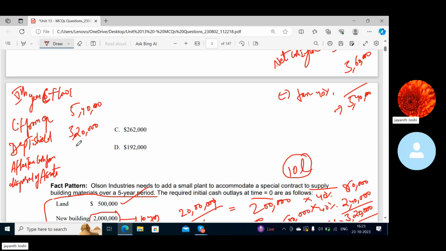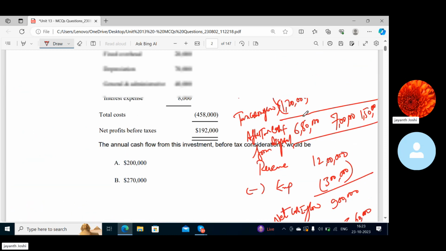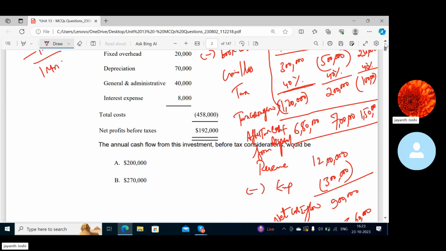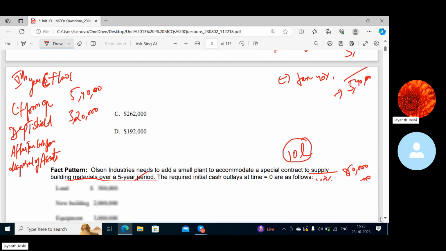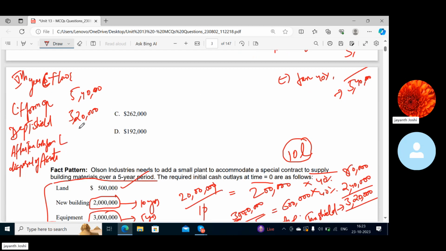So what are they given? 6 lakh 80 for land, 7 lakhs for building and 150 for equipment.